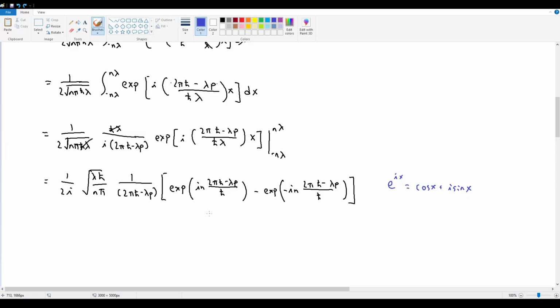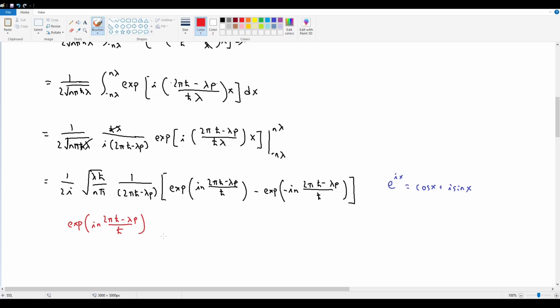I can maybe make this a little bit simpler by peeling off an e to the i n 2 pi somehow. And from that point, I can then plug that into this and get cosine 2 pi, sine of 2 pi, which cancels out to 1 and 0 respectively, which does basically allow me to ignore an entire part of this exponential. So let's try that. So exp of i n 2 pi h bar minus lambda p over h bar.